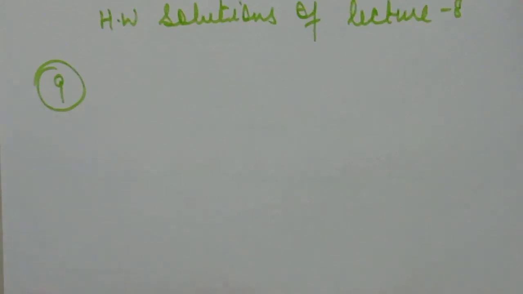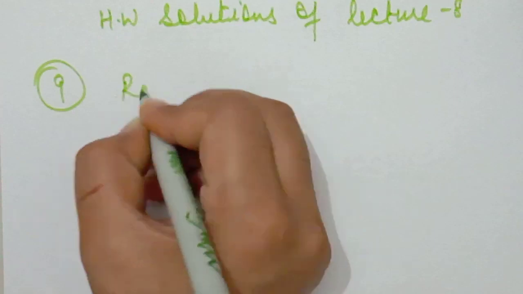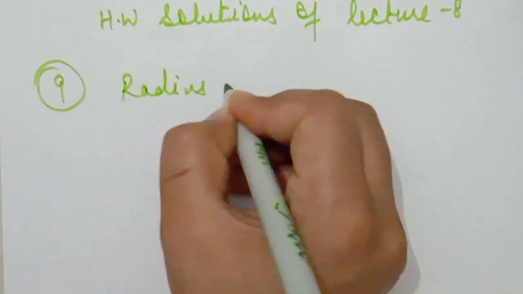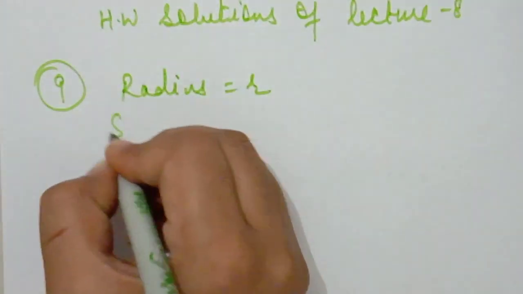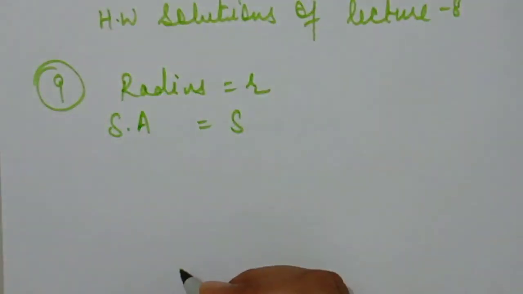27 solid iron spheres, when the radius of the sphere is r and the surface area of the sphere is s, are to be melted to make a sphere with surface area s dash.